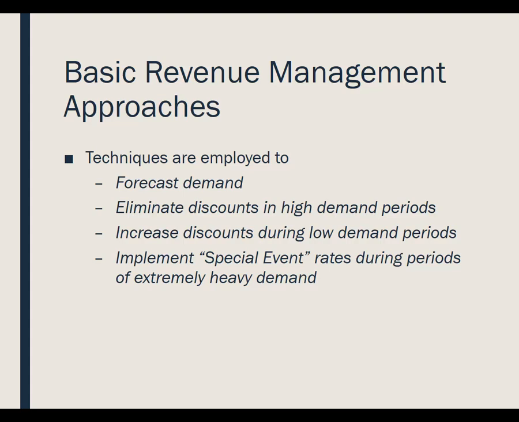Now, once you discover your demand, you can start to eliminate discounts in high demand periods. So if you have a high amount of people coming in, you can start to charge closer to your rack rate because you have so many rooms being reserved. It's high demand. You can also do it to increase discounts during low demand periods. So when there's less rooms being reserved, if that's what you're forecasting, you could start to implement a bit of a price dip to make sure that you try and increase that demand and get rooms reserved.